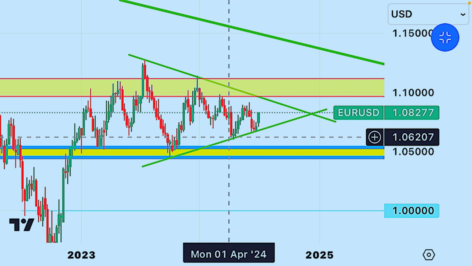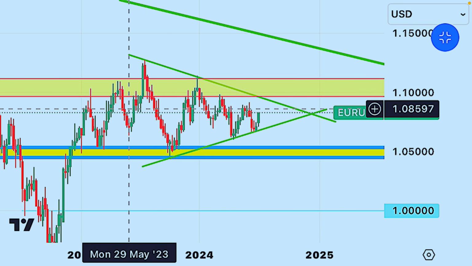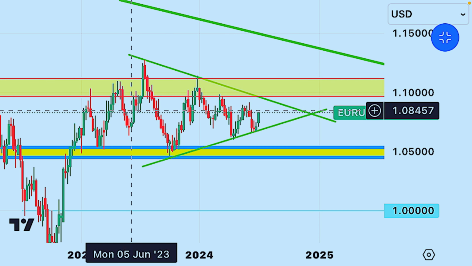This is what these patterns do for you. They signal a possible reversal of trend, whether bullish or bearish. So knowing when to trade them, how to trade them, and how to identify them is very good for you as a price action trader, because you don't want to be trading against the trend.